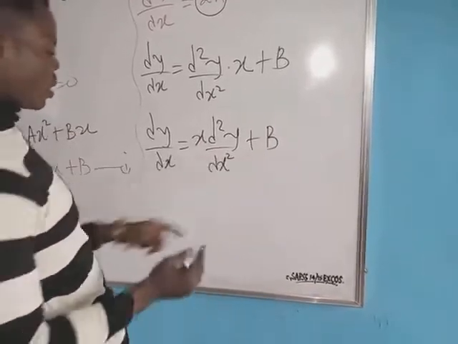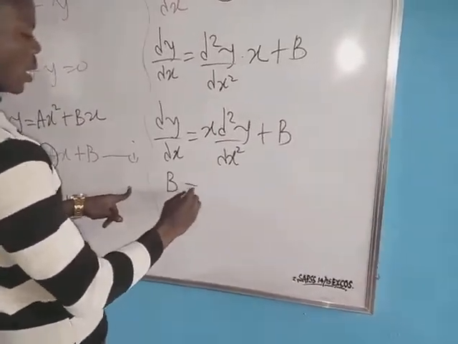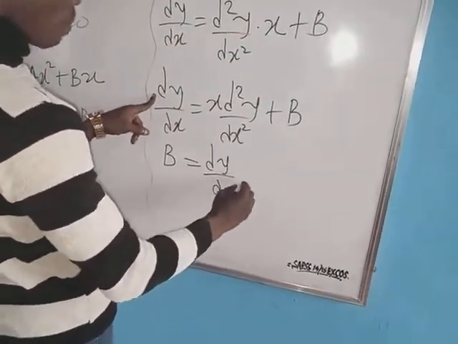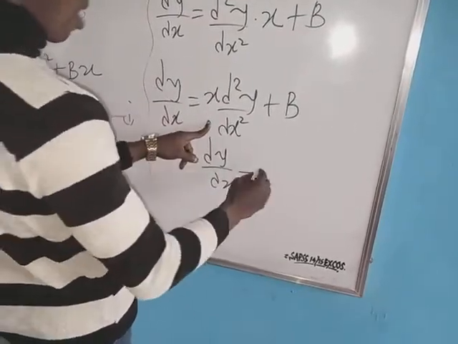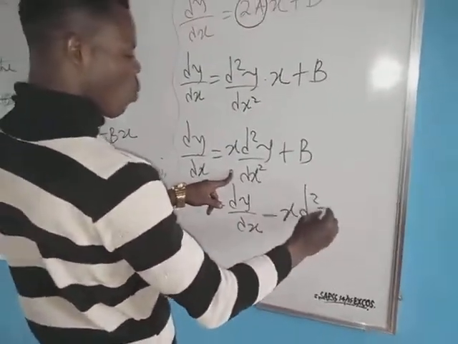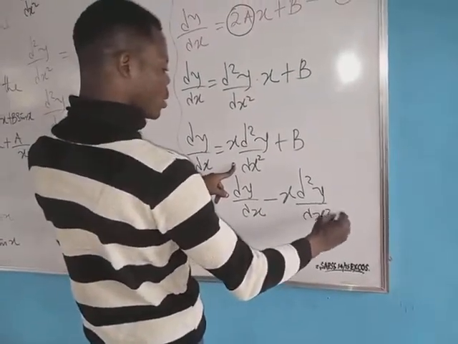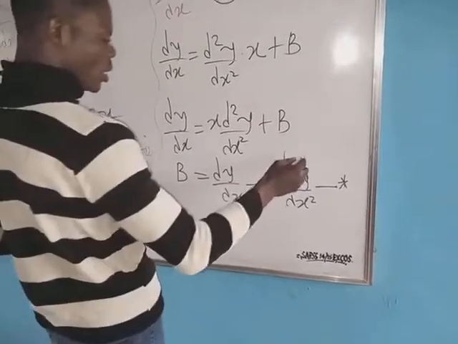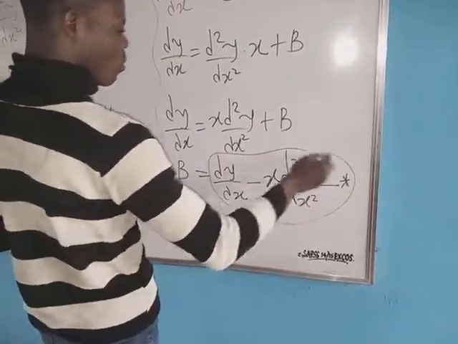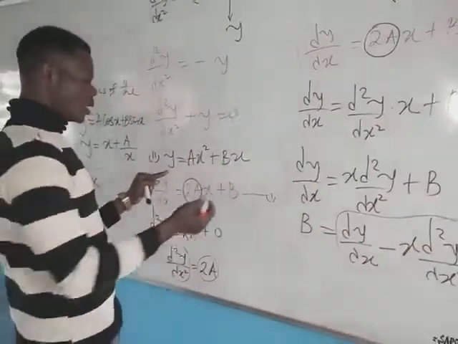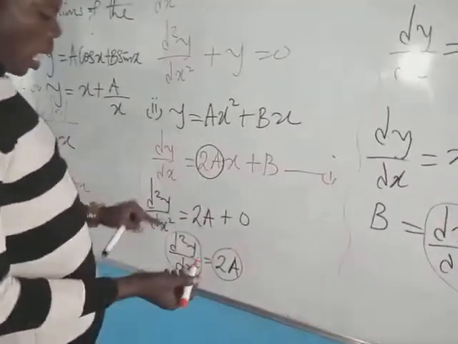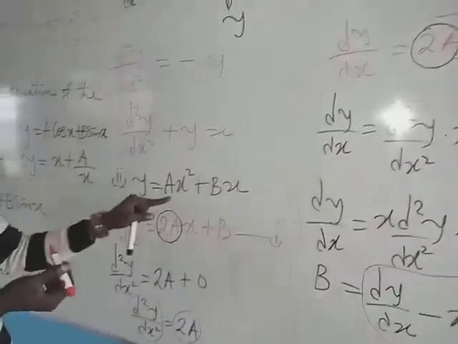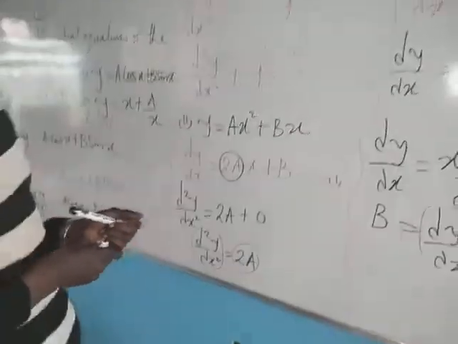And when you make b subject of formula, we have b equal to dy by dx minus, when this comes here, x d squared y by dx squared. So now I can substitute this for b in this particular function here. Then I will substitute this for a in this particular function here. And if I do that, what am I going to have?